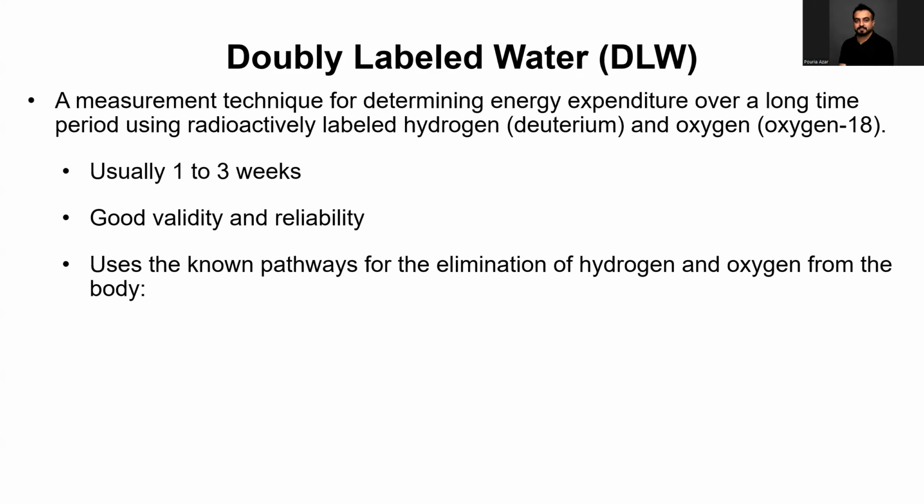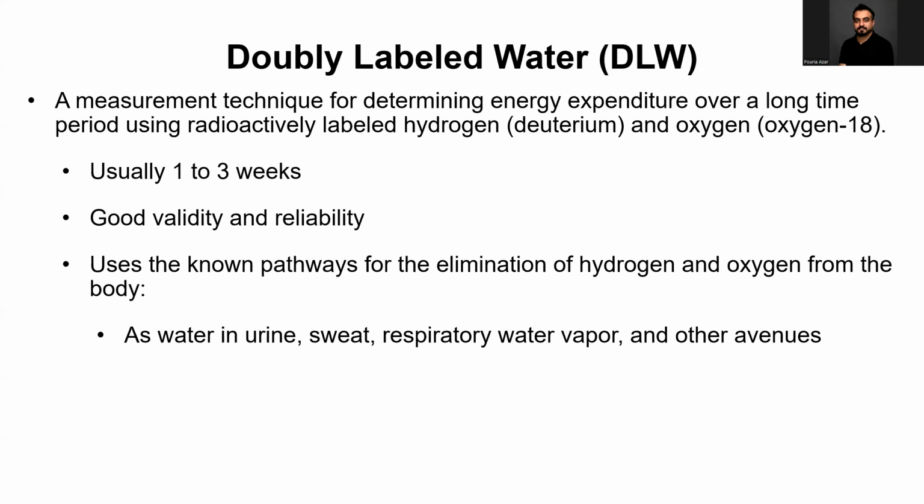It uses the known pathways for the elimination of hydrogen and oxygen from the body. These are the known pathways for the elimination of hydrogen and oxygen as water in urine, sweating, respiratory water vapor, and other avenues, and the oxygen as carbon dioxide.